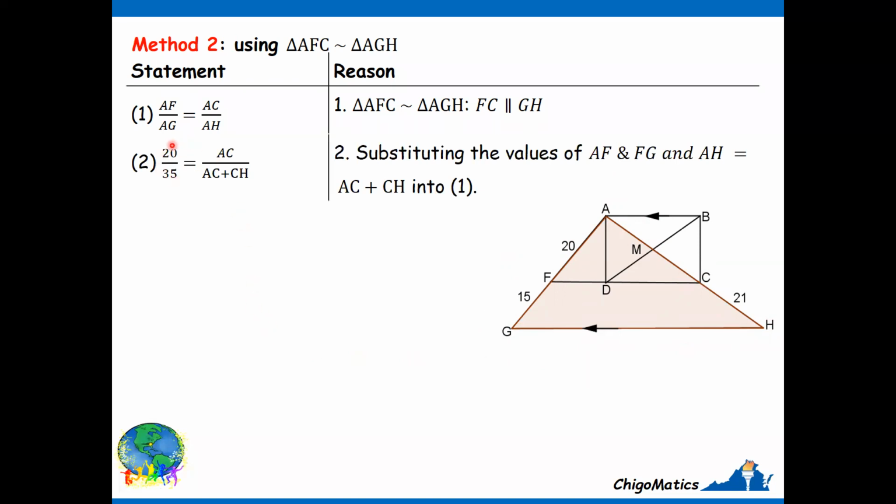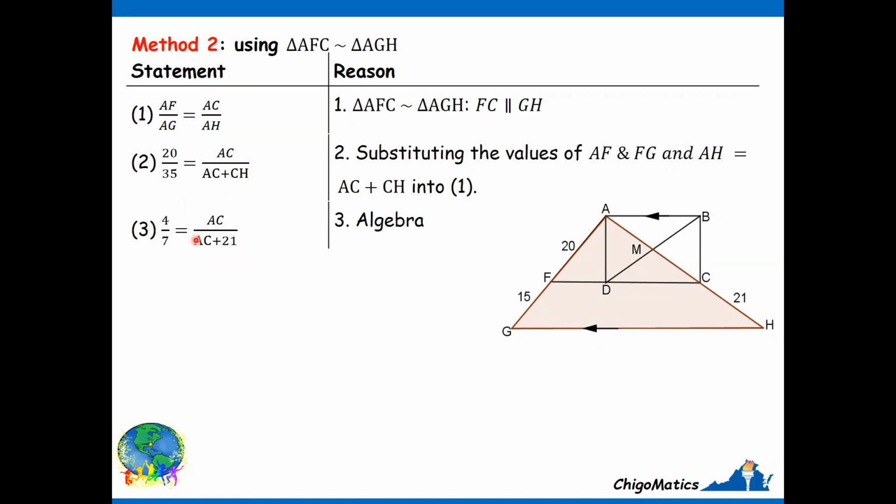Then I substitute what I have, but you notice that I don't have AH, I have CH. I can write AH as AC plus CH. This is exactly what I did here. Then I substitute for CH, which is 21.